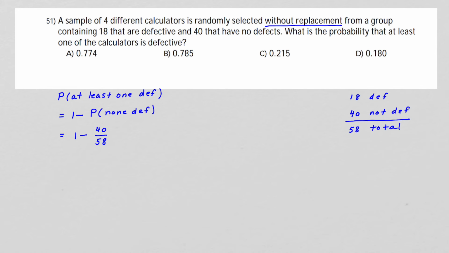And since we're selecting without replacement, the probability the second one is not defective is 39 out of 57. And then I continue that with the third one being 38 out of 56. And finally, the fourth one has a probability of 37 out of 55 of not being defective.